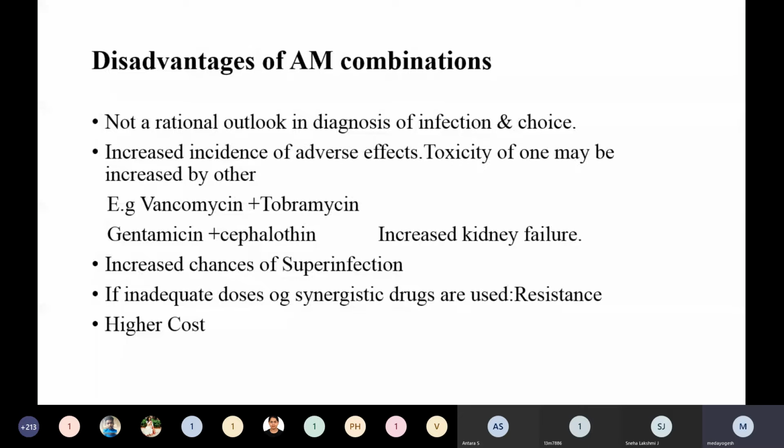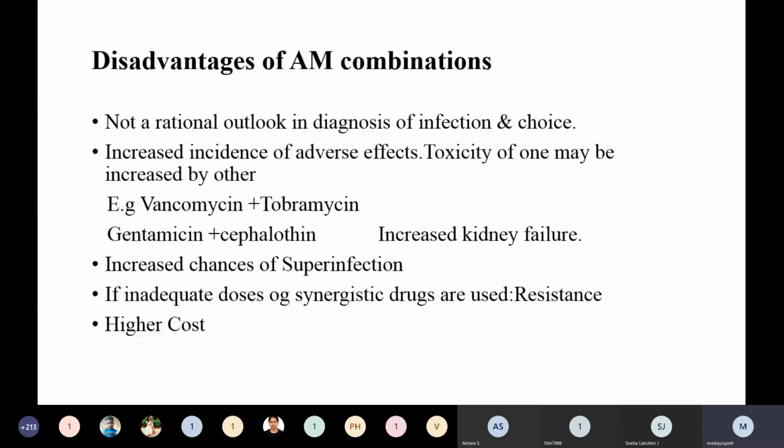There are increased chances of superinfection whenever you go for combinations. When you are using inadequate dosage of synergistic drugs, there is chance of resistance, and again with multiple drugs, the cost will be higher.